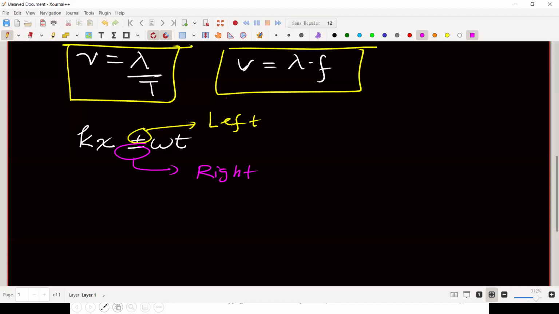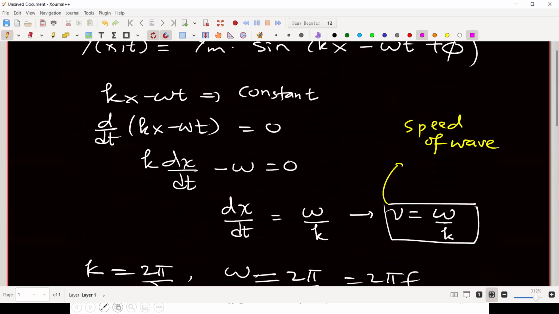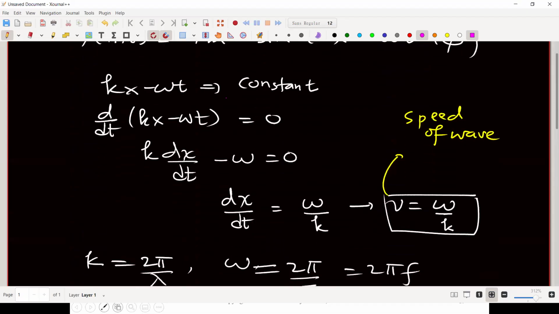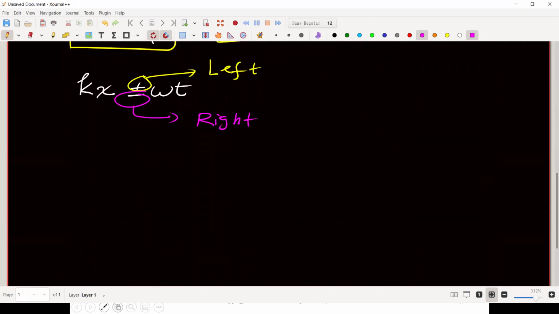So for example, this one is minus, so the direction of the wave is to the right side. But if the sign here is positive, it means to the left side. For example, for the positive one, kx plus omega t, this one is also a constant.